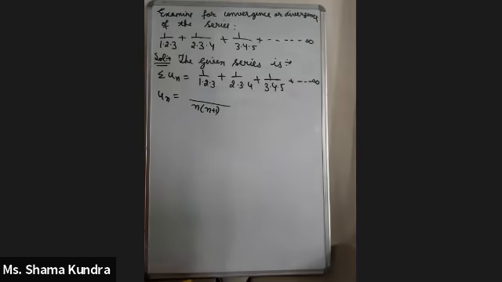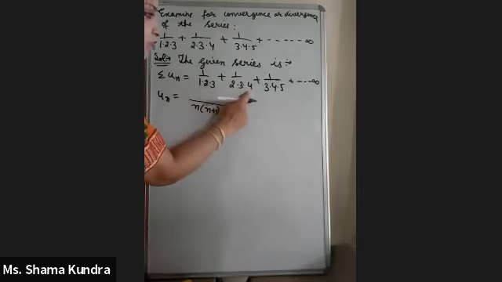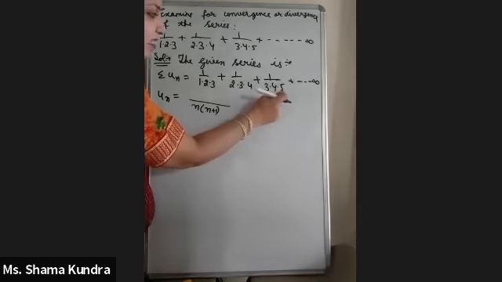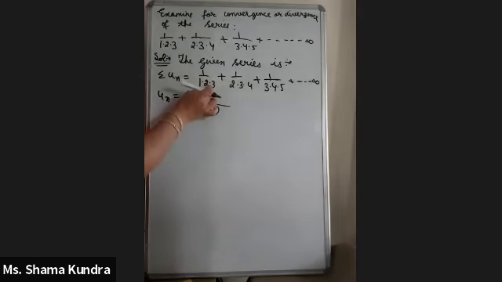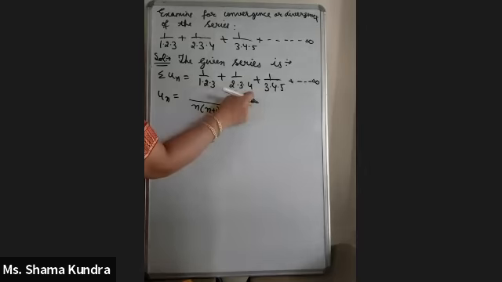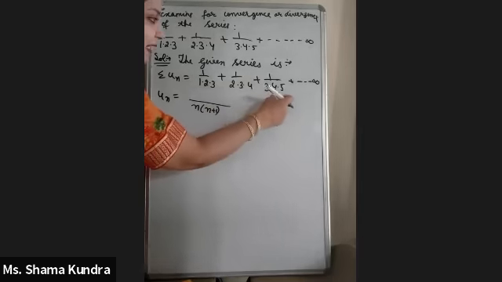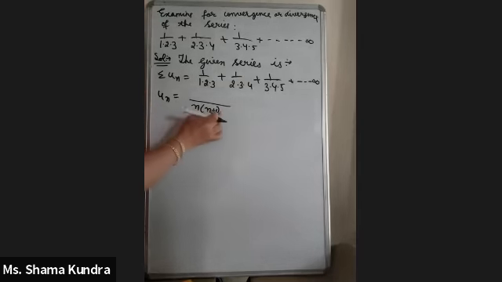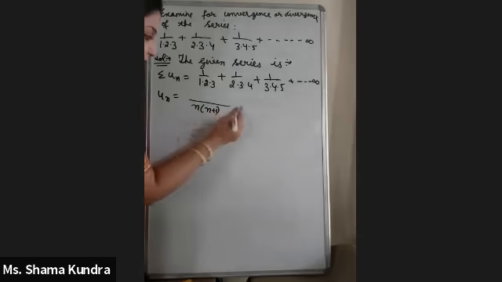Now in U1, the next term after 2 is 3. Here the next term is 4. In U3, the next term is 5. There are three consecutive terms here, again three consecutive terms here, and again three consecutive terms here. So in Un there will be three consecutive terms, meaning n, n plus 1, and next will be n plus 2.